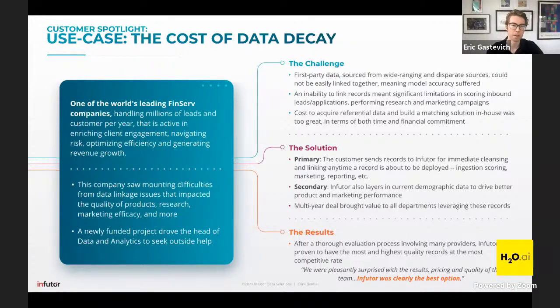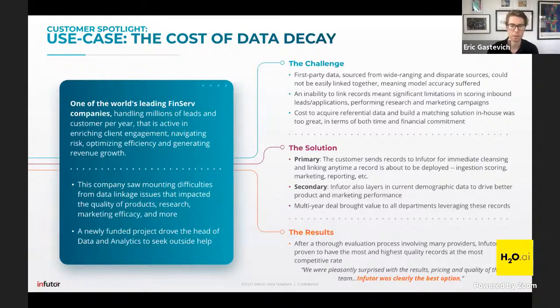This use case is one of the world's leading financial services companies. They handle millions of leads and customers each year, and they were struggling with model accuracy. For them, a multi-billion-dollar company, they first were looking to acquire referential data and build a matching solution in-house so they could handle this themselves.